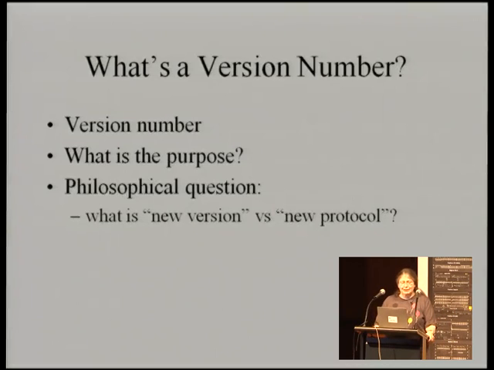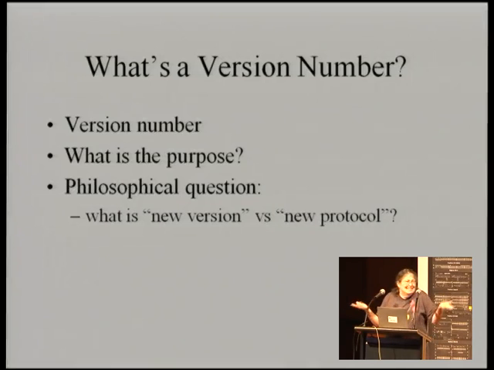What's the purpose of the version number? Is it decorative? Why are we doing that? First we have to ask a philosophical question, which is, what is a new version of a protocol versus a new protocol? For instance, is IPv6 just a mild new version of IP, whereas CLNP would have been ripping the heart out of the internet and putting in a foreign substance?